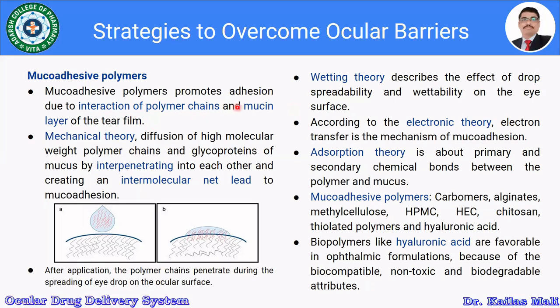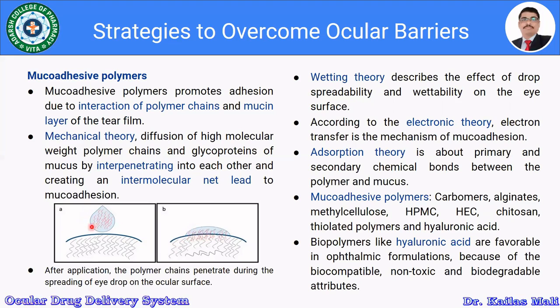As mucin and polymer interact, the formulation is retained on the corneal surface. There are many theories used to understand the principle behind mucoadhesion, like the mechanical theory, wetting theory, electronic theory, adsorption theory, and the diffusion theory, which is not listed here. In the mechanical theory, the diffusion of high molecular weight polymer chains, look at the figure.